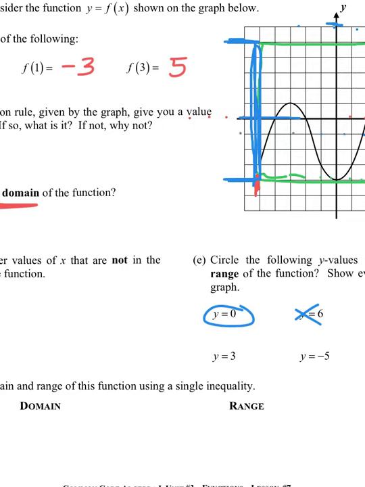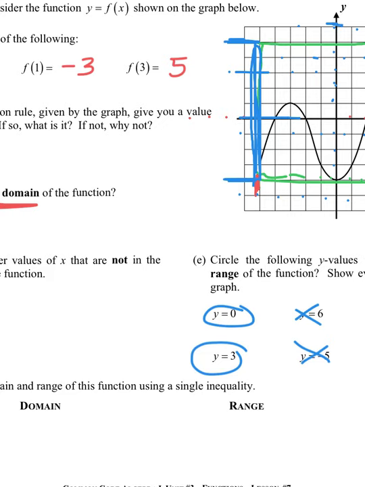Y equals 3, yeah, that's in the range. Y equals negative 5 is down here, that's not in the range. And y equals 4, yes, that is in the range. So domain goes left to right, and range goes bottom to top, lowest point to highest point.